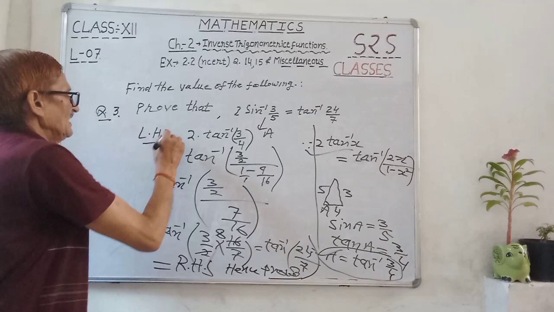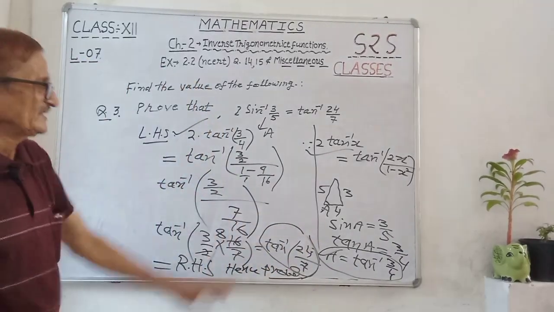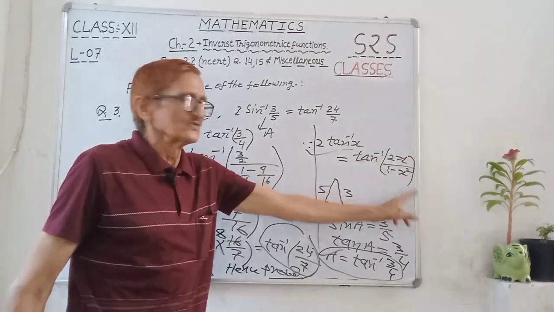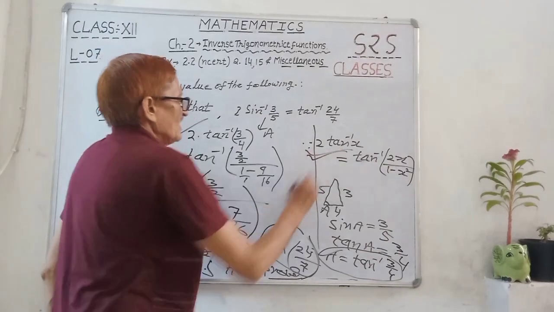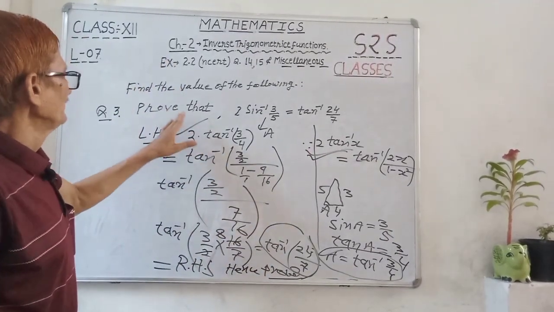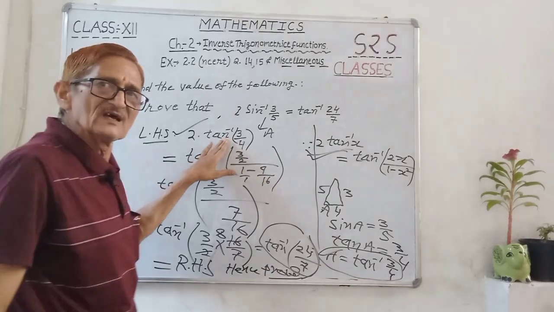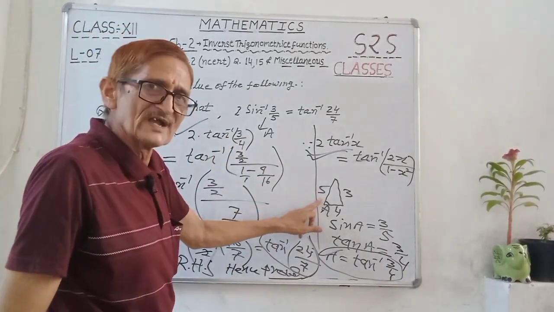Done. We took the LHS and got the RHS by using the formula 2 tan inverse x is equal to tan inverse 2x upon 1 minus x square. Be careful and remember the formulas, and every inverse can be converted into any other inverse you want by making the triangle.